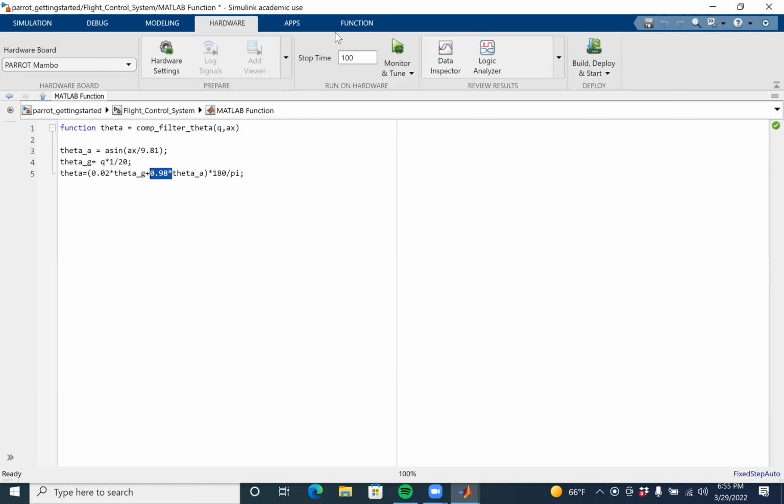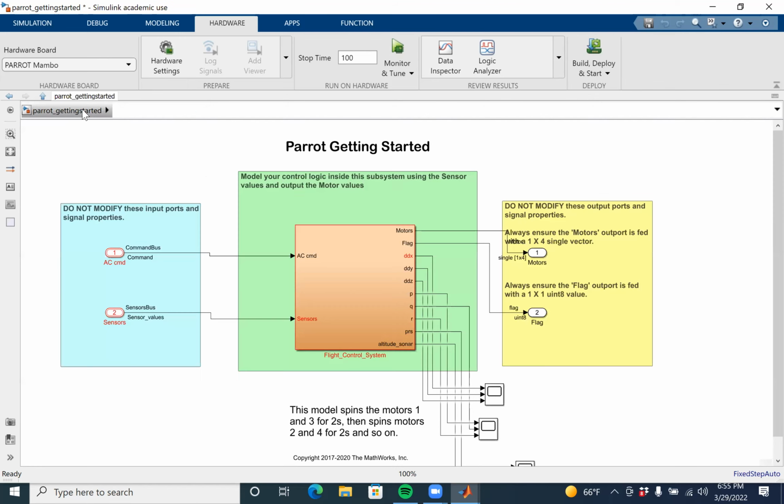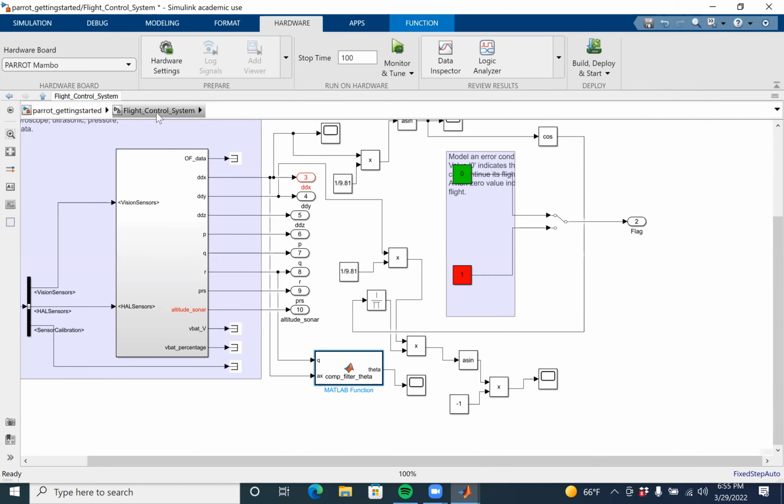So everyone understood this code? And then this code gets implemented here. Now I want to take this moment to implement the roll. Can someone tell me the equation for roll?